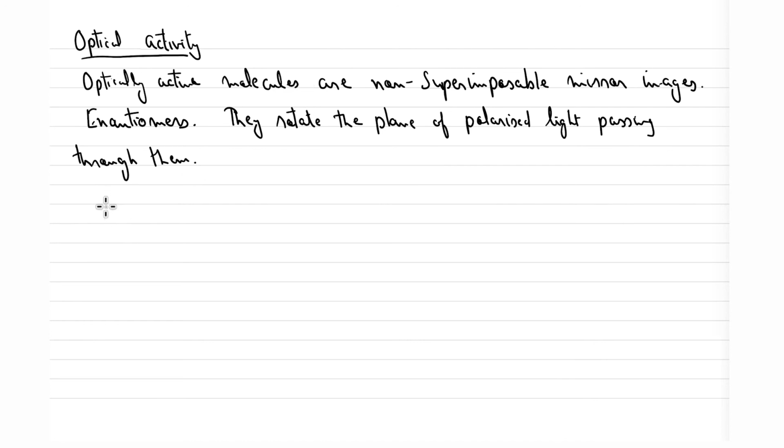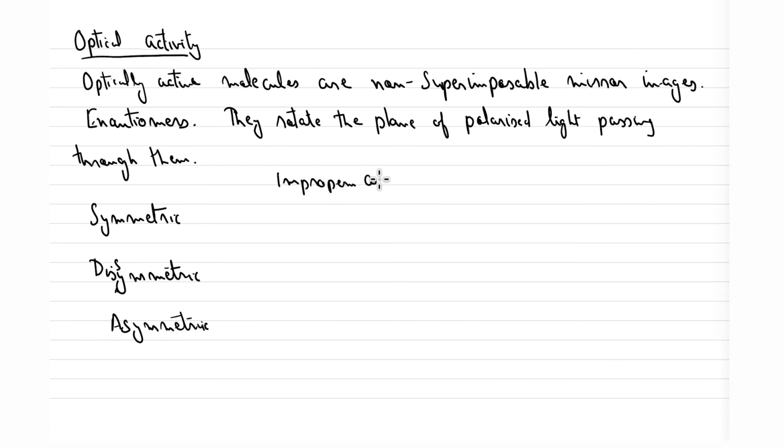To understand this, we should know the basic meaning of when a molecule is called symmetric, when it is called dissymmetric, and when it is called asymmetric. We first test the presence or absence of an improper axis, and then the presence or absence of a proper axis.